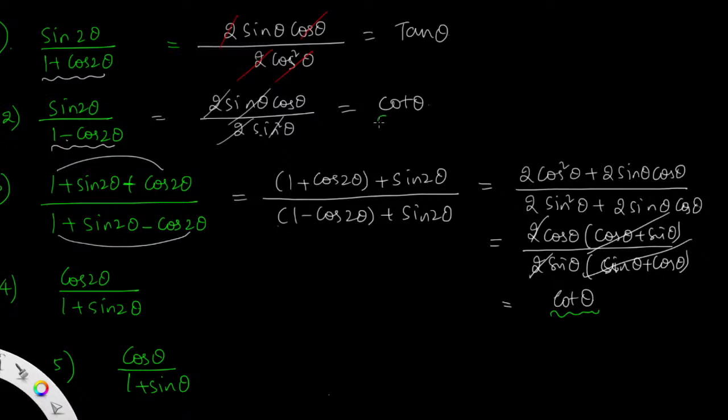Answer is cot theta. Second one answer cot theta, third tan theta. And then fourth answer, yes, Sindura. Tan pi by 4 minus theta, Sindura. Okay, right. Cos 2 theta by 1 plus sin 2 theta.